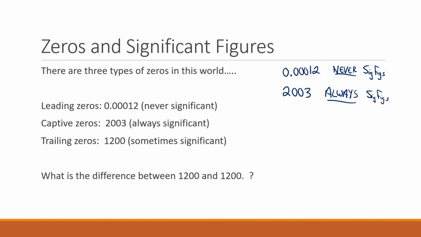Our third type of zero are the zeros that show up at the end of a number. Now, these zeros are the trickiest because there are actually 2 different types of trailing zeros. There are trailing zeros without a decimal point, and there are trailing zeros with a decimal point.